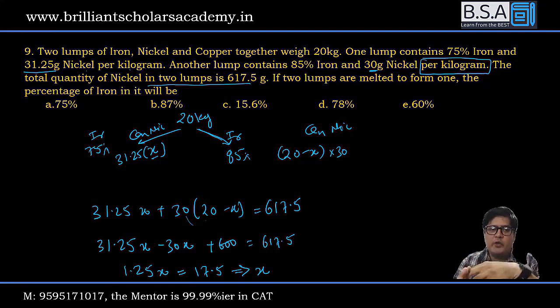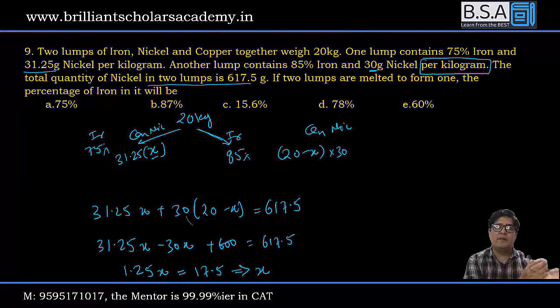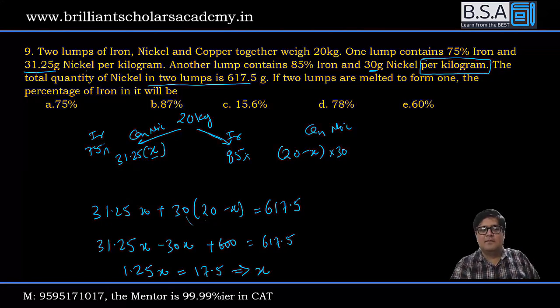The hint given to you is you can find out the total quantity of this and this through nickel. Through nickel I can find out how many kilograms are of the first variety and second variety. Use a calculator. What is x? Confirm.